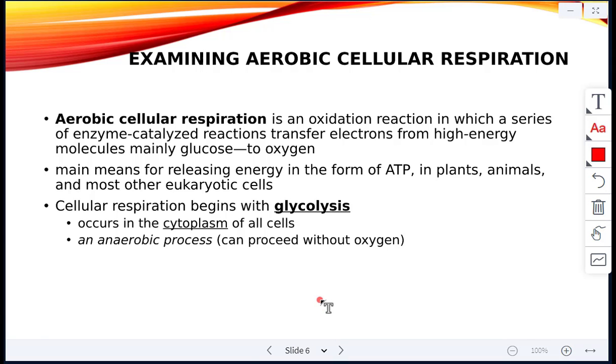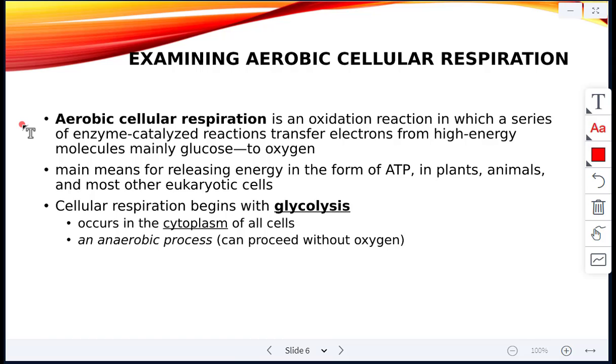Okay, so we're going to look at aerobic cellular respiration first, and we're going to talk about a process called glycolysis. So aerobic cellular respiration, it's an oxidation reaction.